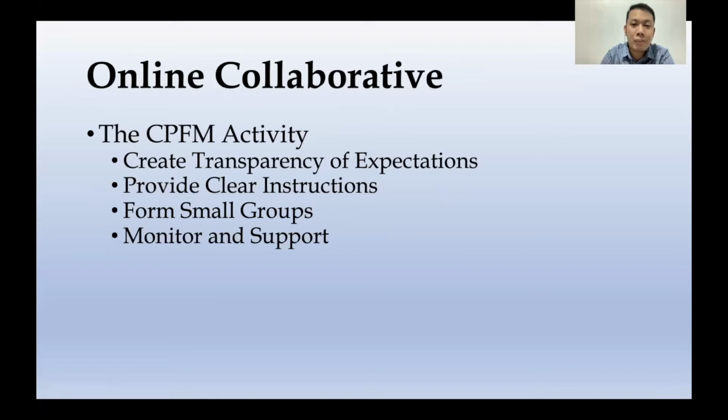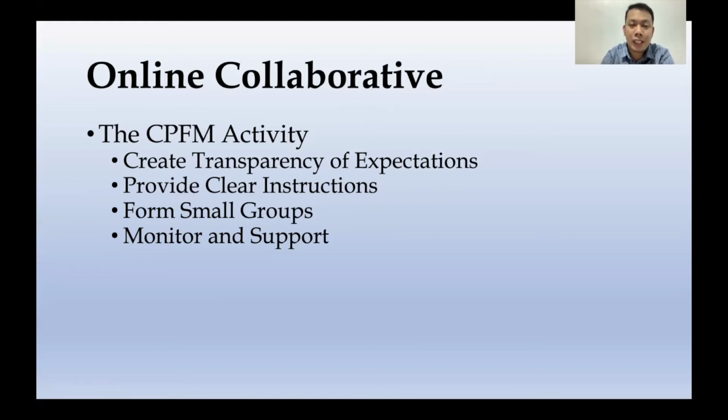What are the different expectations out of them during the online collaborative activity? After creating those expectations, the next step is to provide clear instructions. This is also to avoid confusion, and so that there will be uniformity among the outputs.